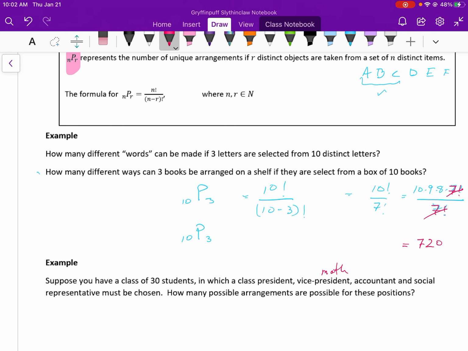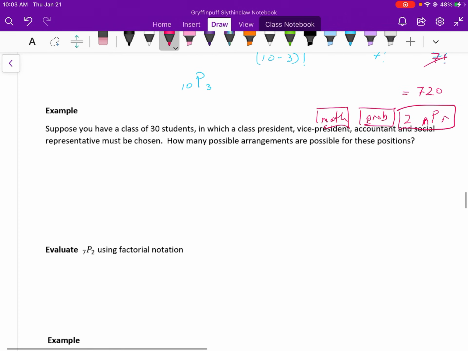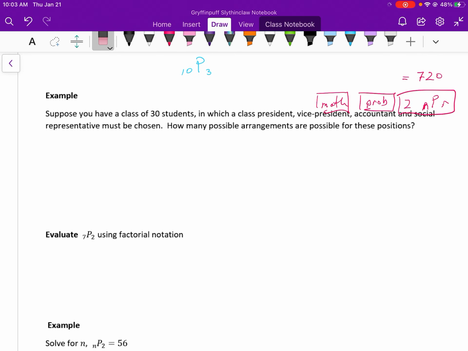But your calculator also has this function, P. If you go into your math button again, and in the probability menu, it is the second option that says nPr.